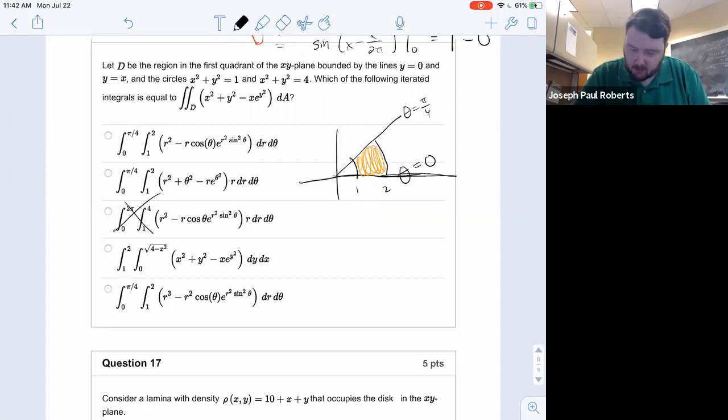So yeah, you don't want to do this dy dx, because notice if you do dy dx, sometimes the bottom curve is the smaller circle, sometimes the bottom and top curve are the lines, and sometimes the top curve is the bigger circle. So if you did dy dx, you'd actually have to split it into 3 pieces. And so you don't want to have to do that.